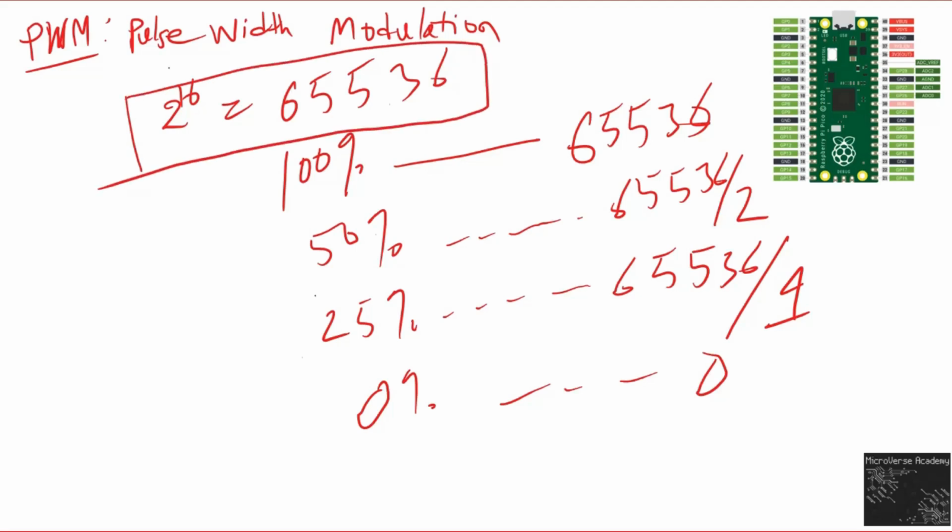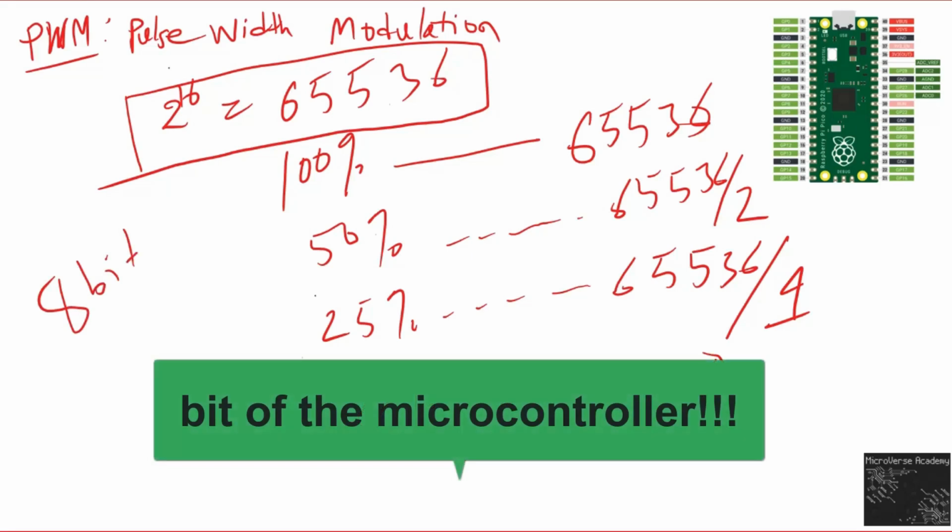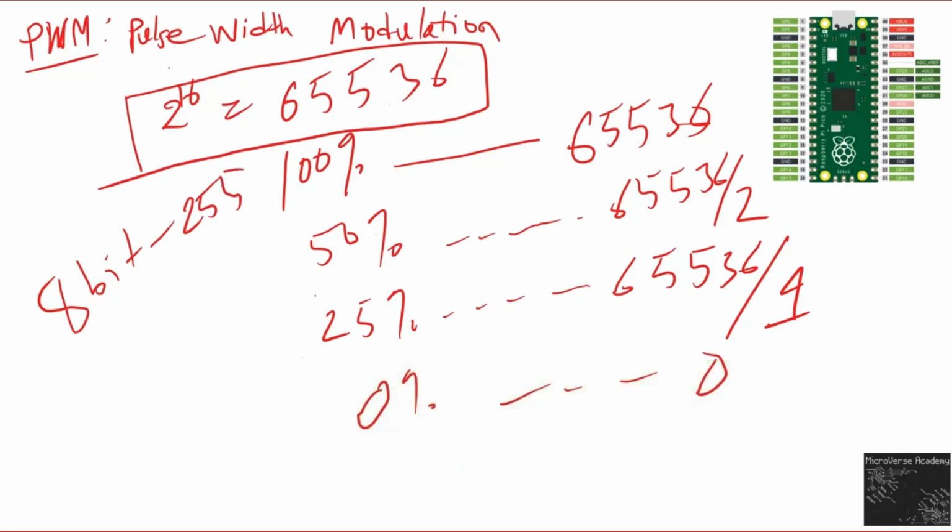For example, if your microcontroller is 8-bit, then the maximum you can go is 255. So this number will be 255 in that case. And if you want 50% pulse width for any 8-bit microcontroller, then the value will be 127.